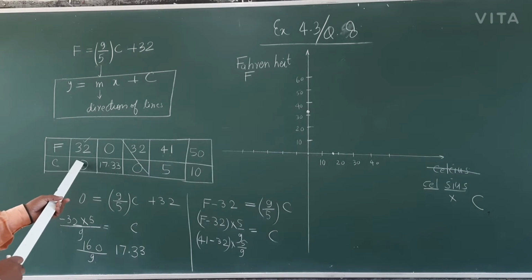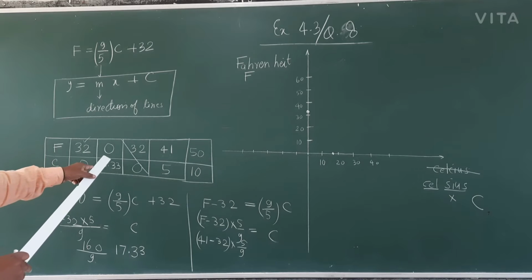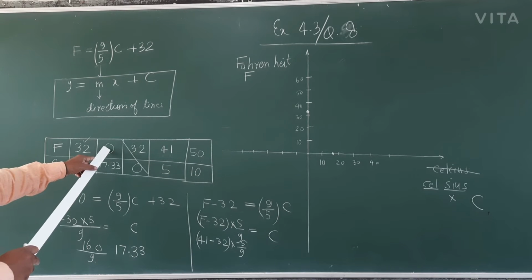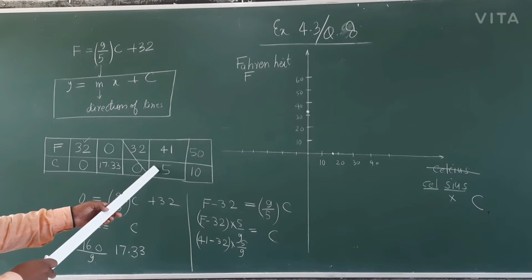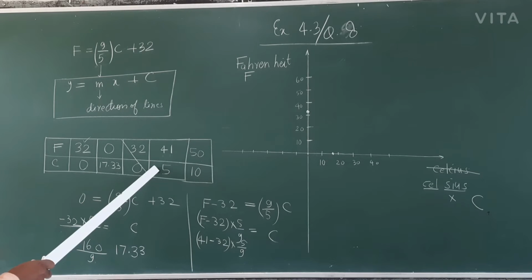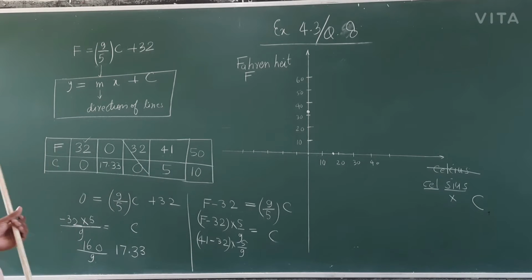C is equal to 0, then I have taken 32. When F is equal to 0, I have taken 17.33. When C is equal to 5, F is equal to 41. 41 minus 32, 9, 5.